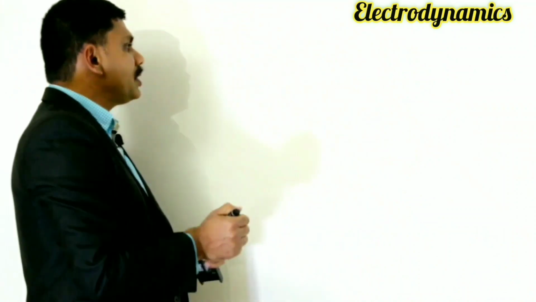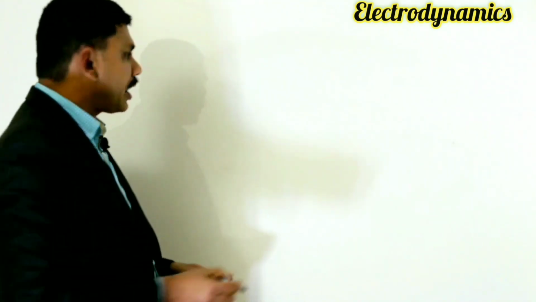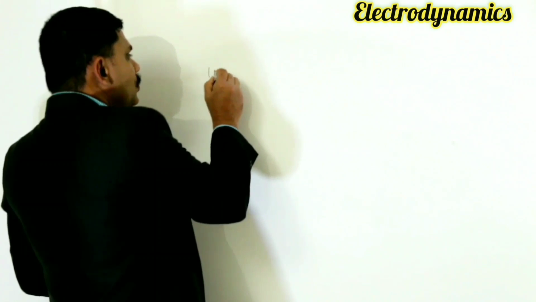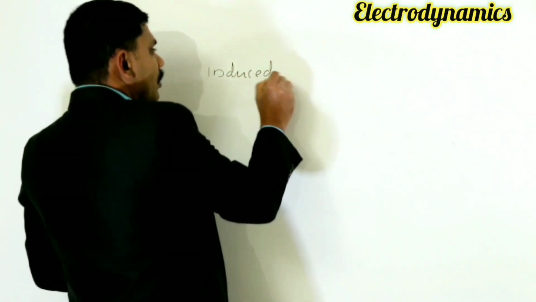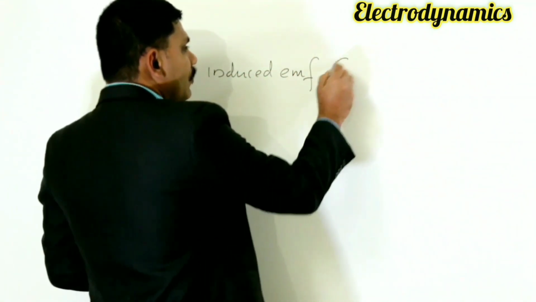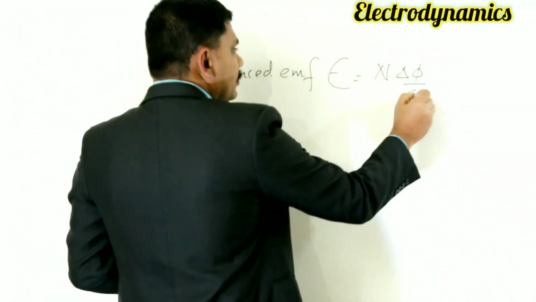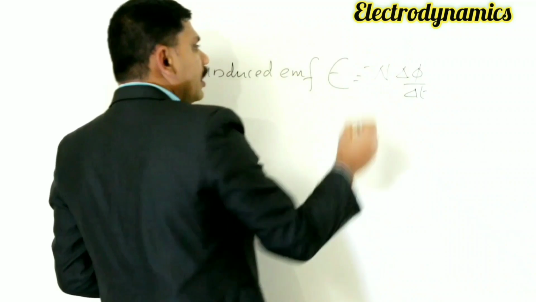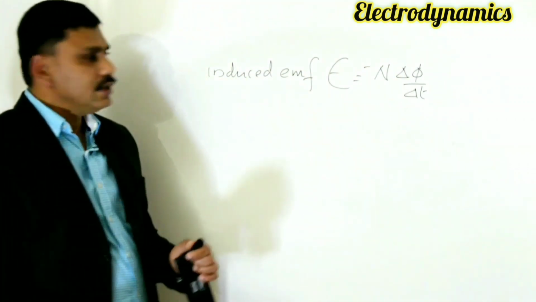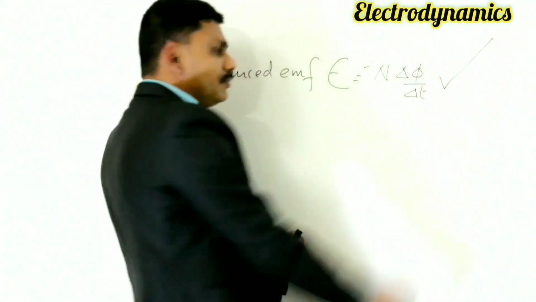Then the main equation in the case of generator is induced EMF. A voltage is produced. Induced EMF, epsilon equal to minus N delta phi divided by delta T. This equation you learned in grade 11.